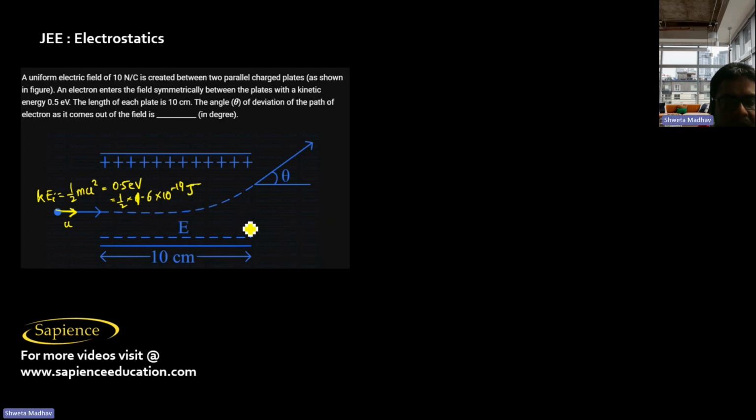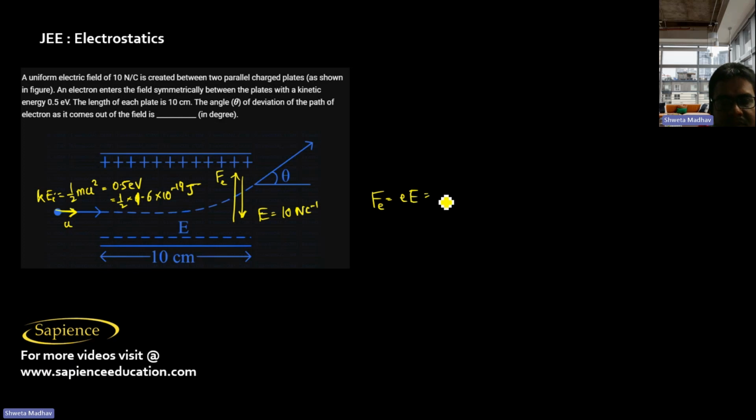And here the electric field is acting downwards, which is 10 Newton per Coulomb. So therefore the electric force is acting upwards, which is E into e, since electron has got negative charge, so the force will be opposite to the direction of electric field.